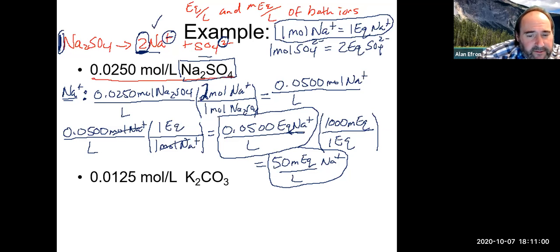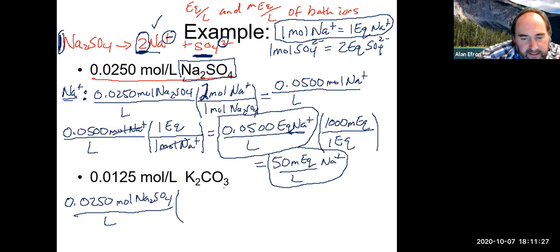We want to also do the same type of calculation for our sulfate. So it's going to start very similar. We're going to start with our 0.025 moles of the entire thing per liter.